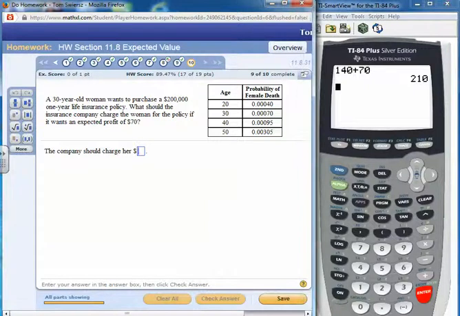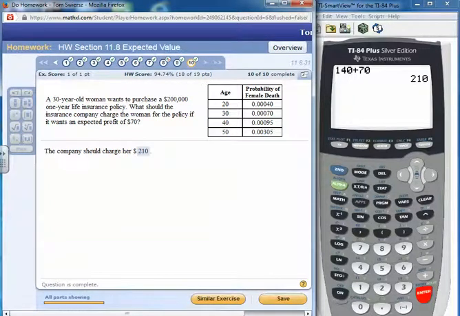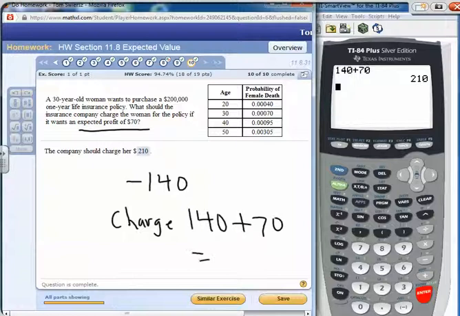So that means they should charge $210, and if they do that, they will get an average expected value of $70. So the company should charge her $210.